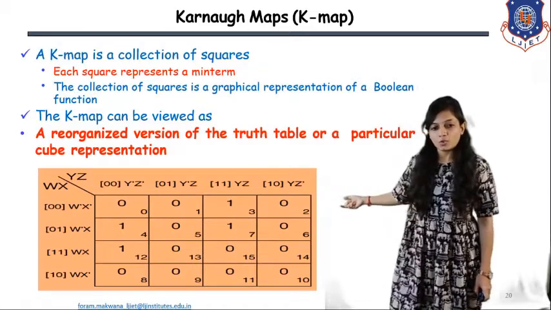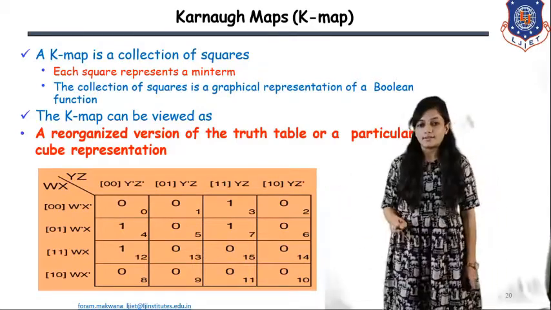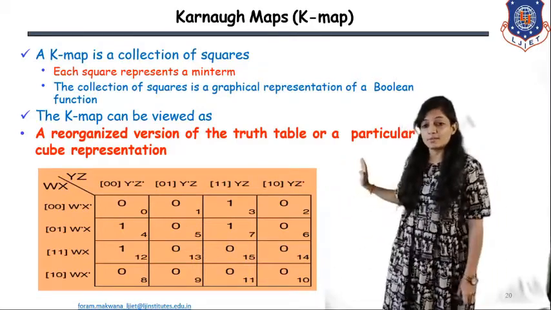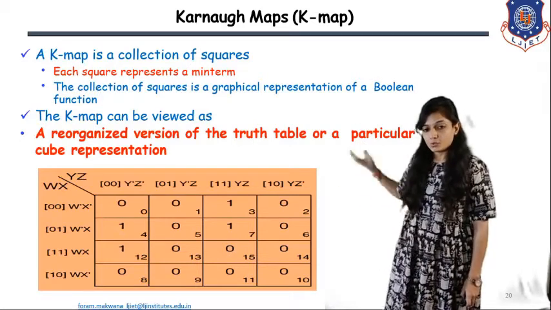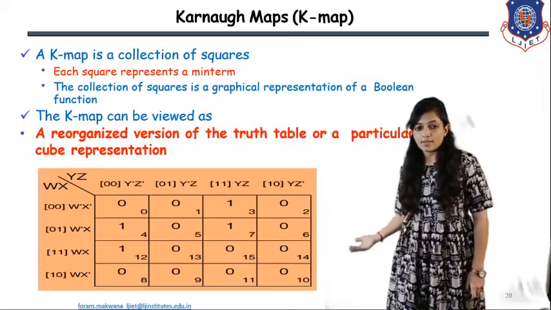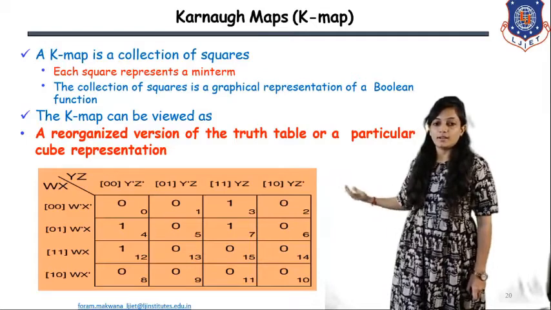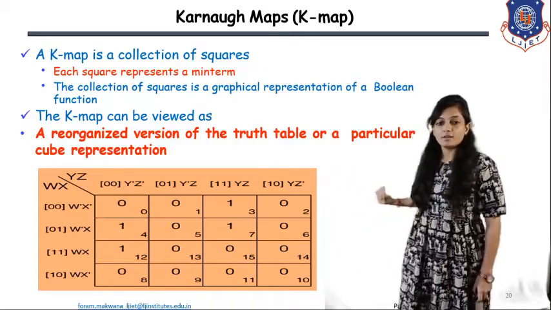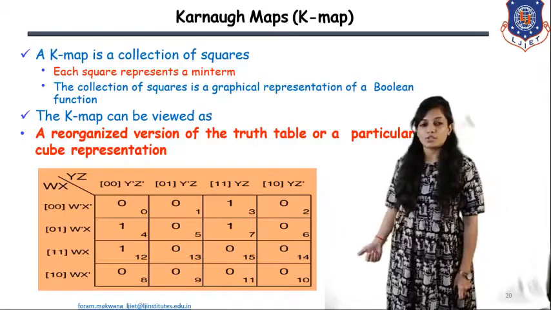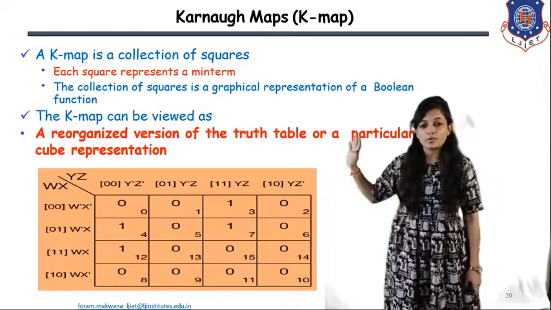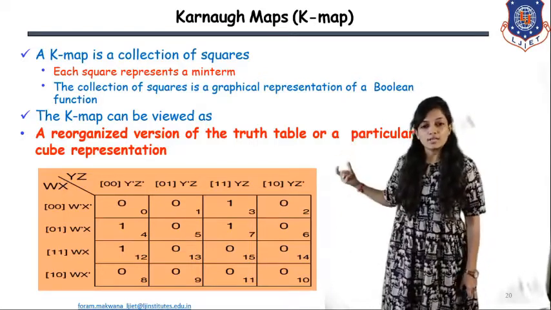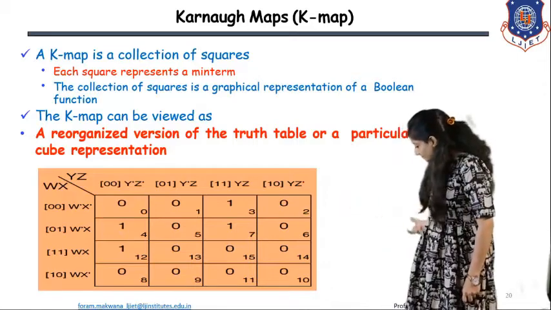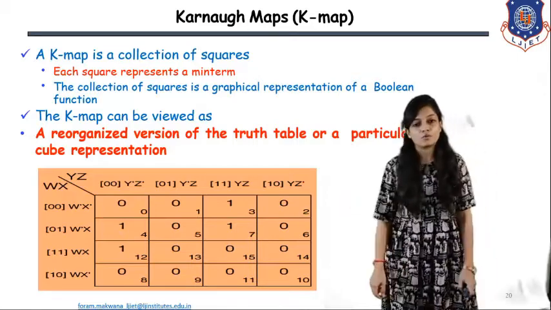You can see over here a total of 16 squares are there. That means a total of 4 variables are there, 2 row wise and 2 column wise. So the total combination is W, X, Y, Z. 4 variables are there, so 2 raised to 4, 16 boxes are there. 4 cross 4, 16.